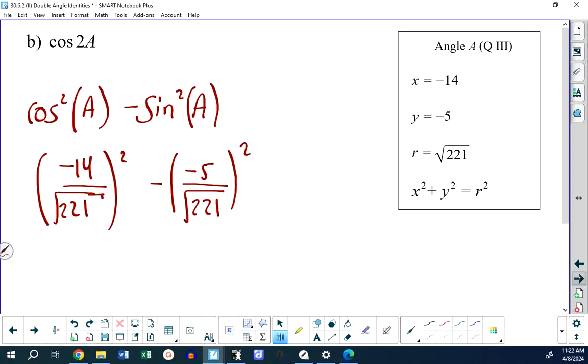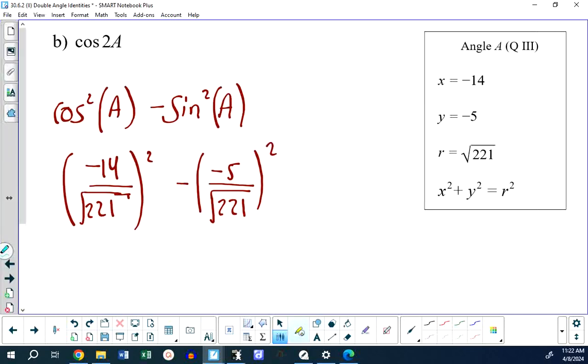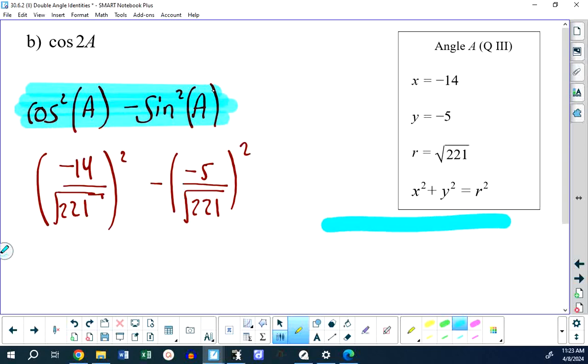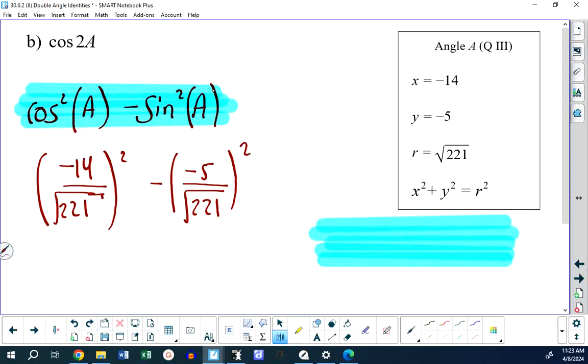I don't think everybody's going to need this, but this thing that I'm highlighting, I'm sure you know what it means, but maybe some of you might benefit from just seeing it. That's what cosine squared of A minus sine squared of A means. It means take cosine of A and square it, minus take sine of A and square it.